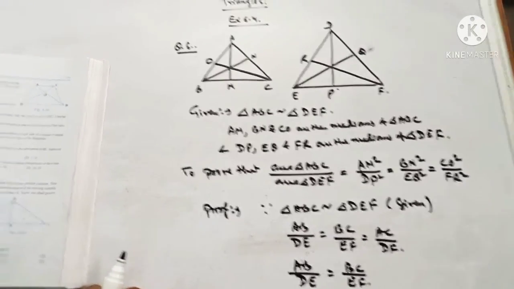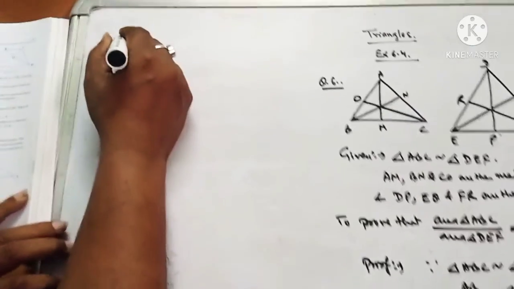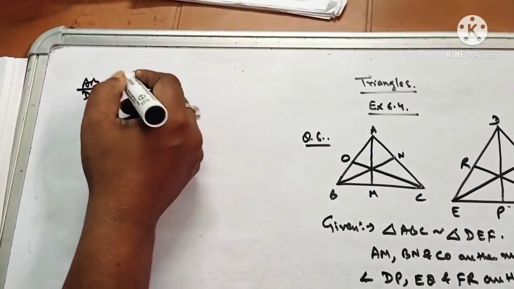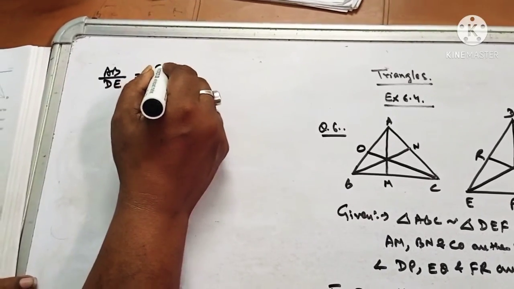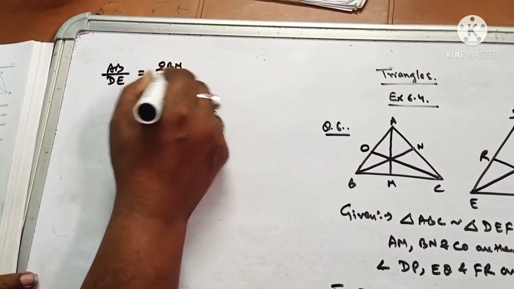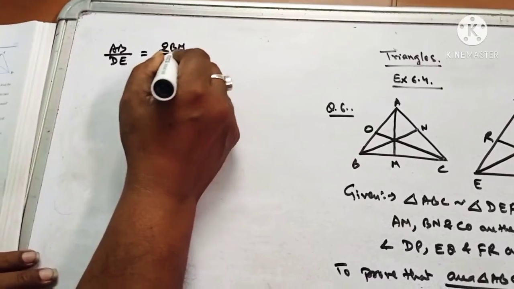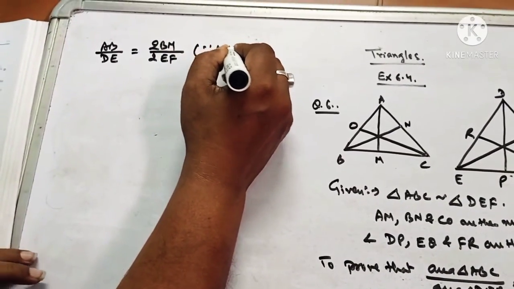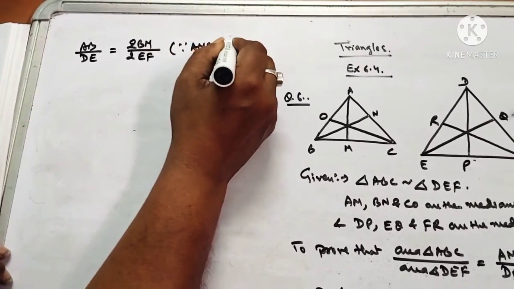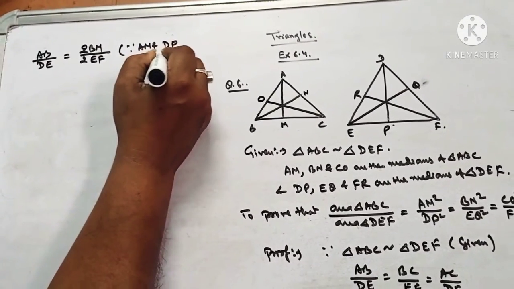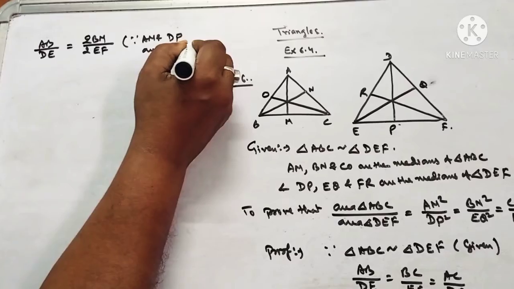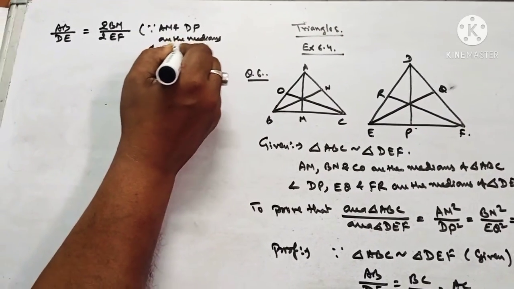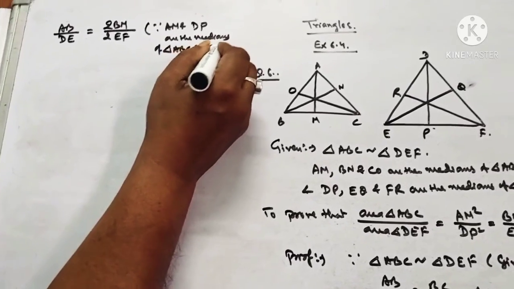Instead of BC I am going to write twice BM by twice EP. Why? Since AM and DP are the medians of triangle ABC and triangle DEF.